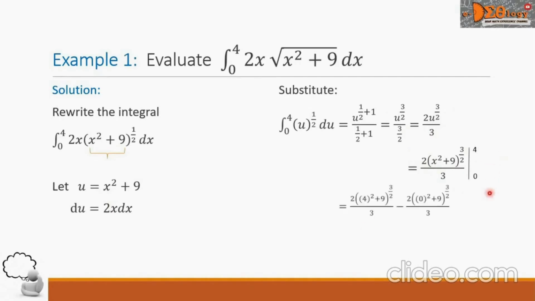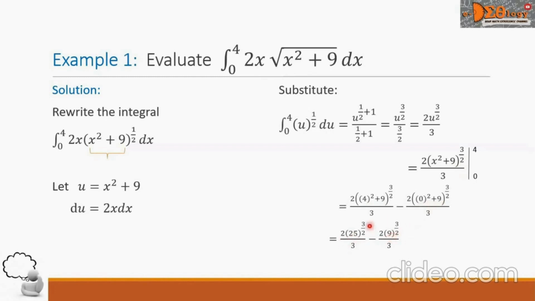Starting with 4, we have this expression minus this function evaluated at 0. Now let us simplify. This 4 squared is 16 plus 9 is 25. The 0 squared is simply 0 plus 9 is 9. So we write here 9.